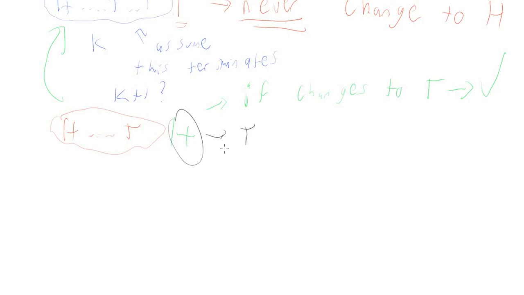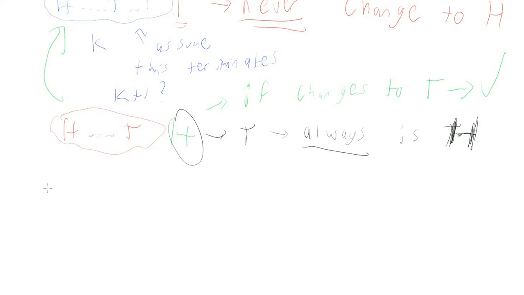Okay, so we can assume by contradiction that this is always an H and it never changes to T. Basically what that means is that this never flips.